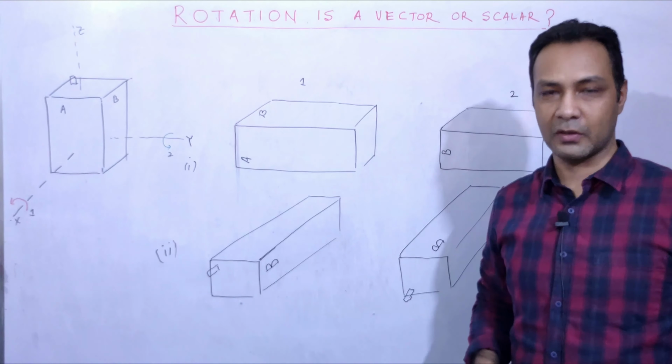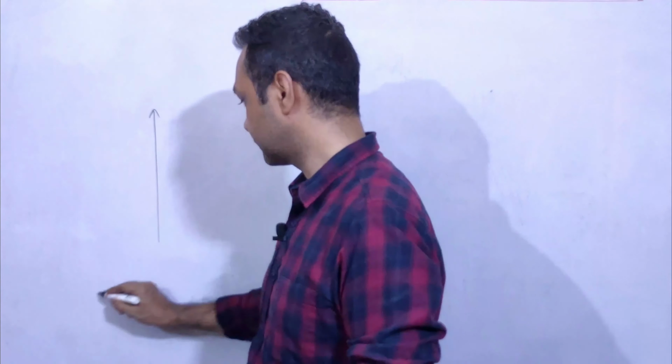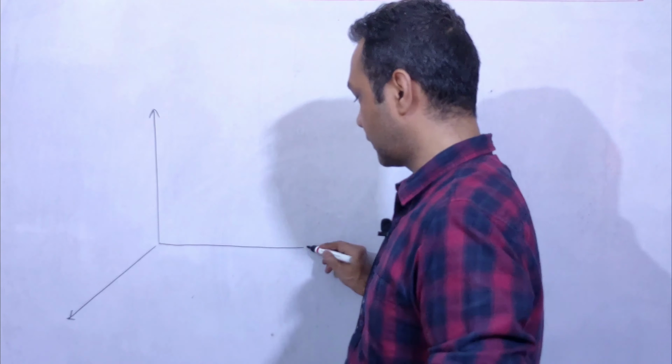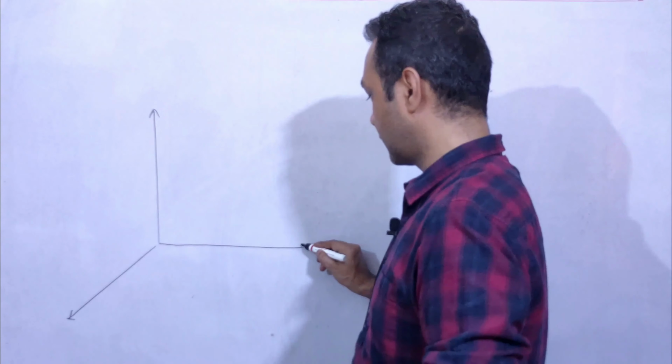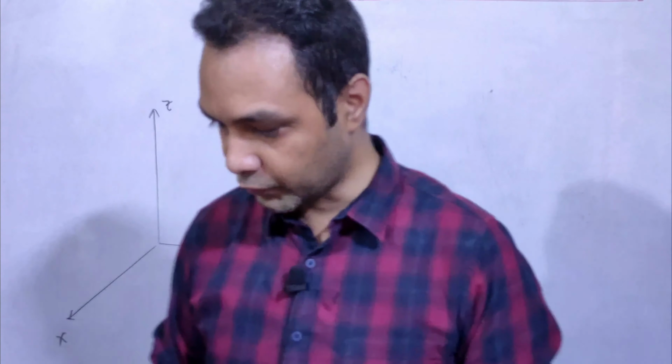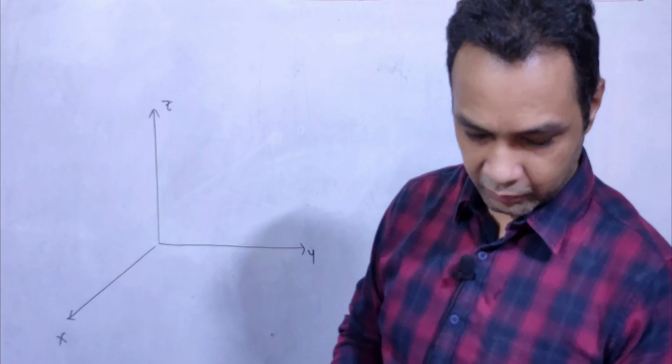So for this we have this coordinate axis. These are our x-axis, y-axis and z-axis, and I want to take a body of unit length.